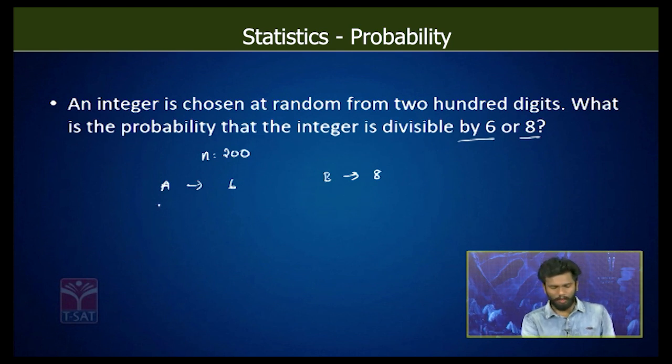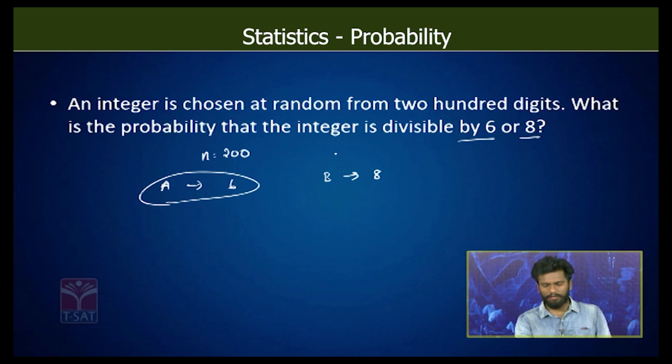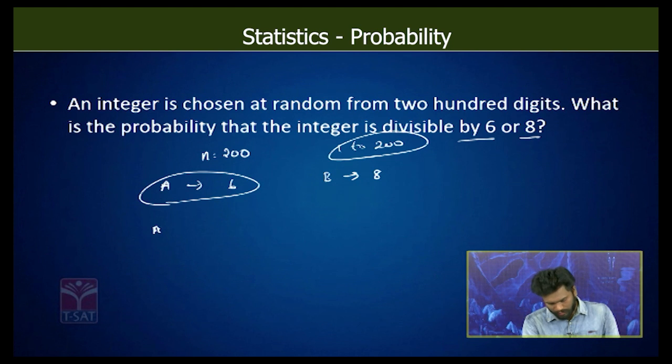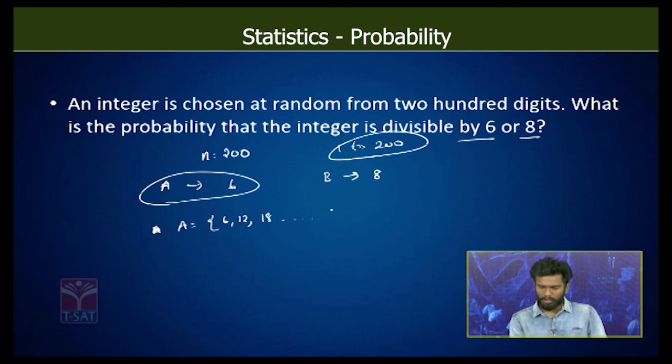Now I will see how many numbers from 1 to 200 are divisible by 6. See here, my A set will become 6, 12, 18 and so on up to 198. Okay, 198 is the last number which is divisible by 6.